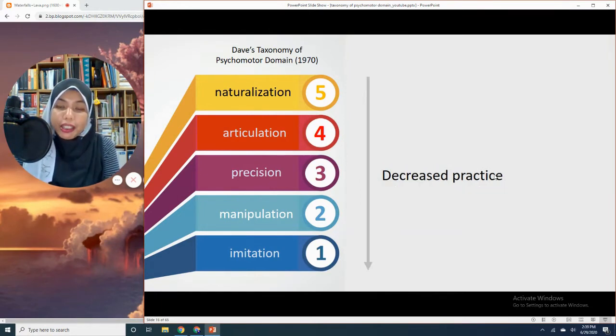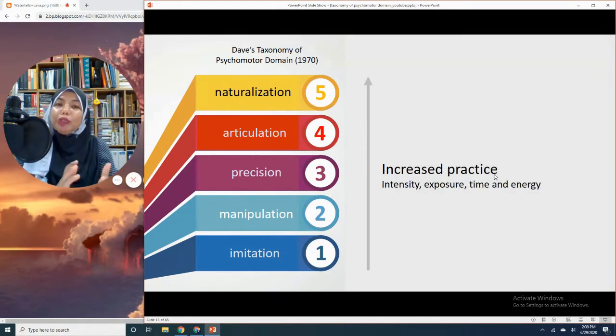It is also possible to move down this level. So this is one major difference between taxonomies of psychomotor learning and taxonomies of cognitive skills. Now, with cognitive skills, one is born with the capacity to exercise all the six thinking processes.